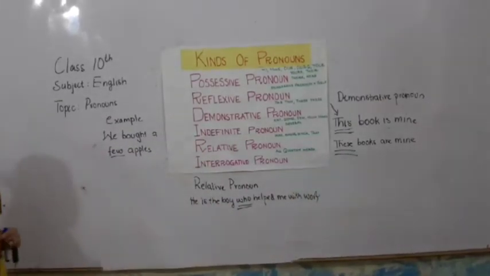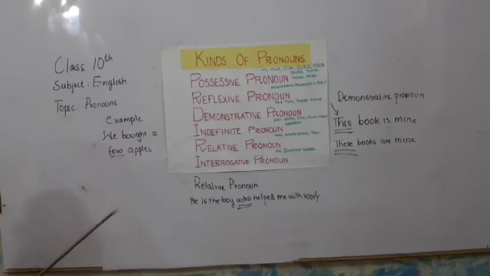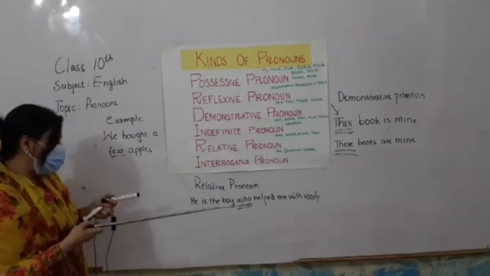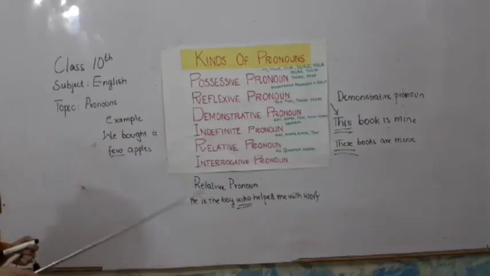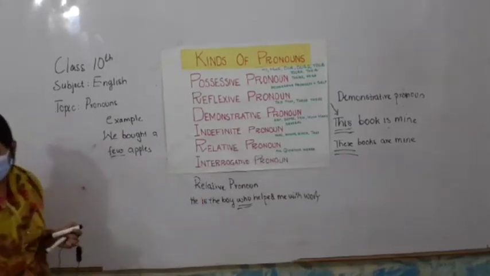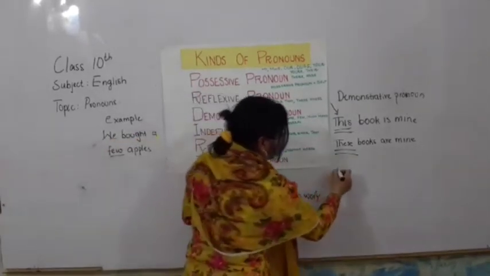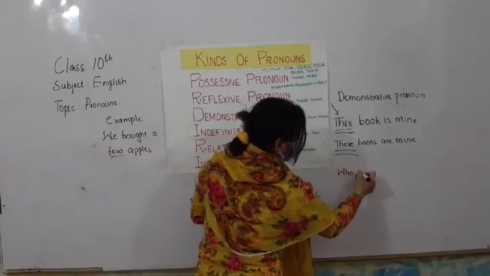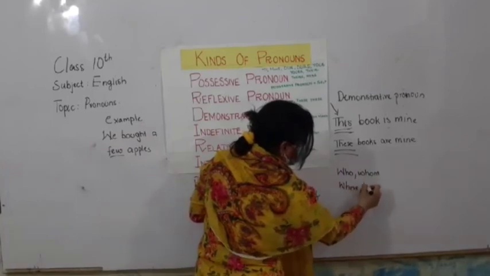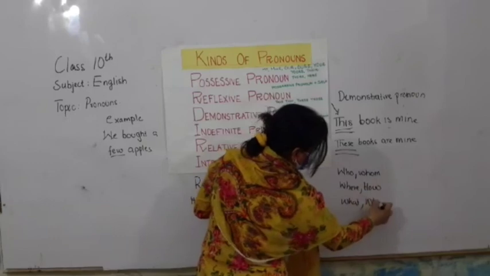The last and final one is called the interrogative pronoun. Now, we know what interrogation is. Interrogation is when we are being questioned, isn't it? So, when we are being questioned, what are we going to do? We are going to use all the question words. The question words in English are who, whom, where, how, what, when.